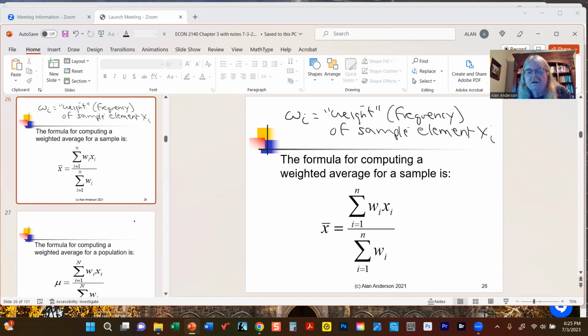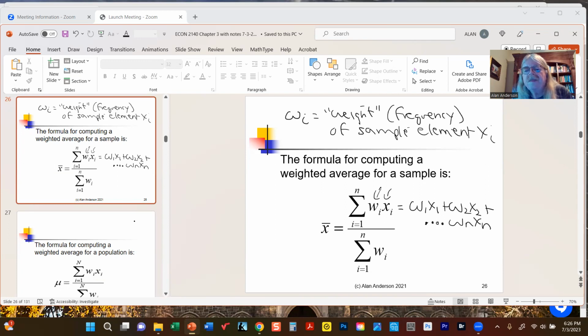What we're doing here is you're multiplying each x by its own weight. And then you add them up. In other words, and we'll see some examples of this, for each x, there's a weight.